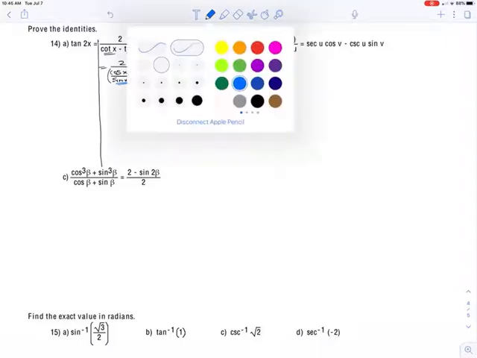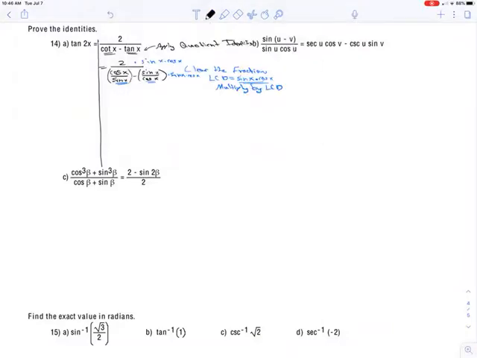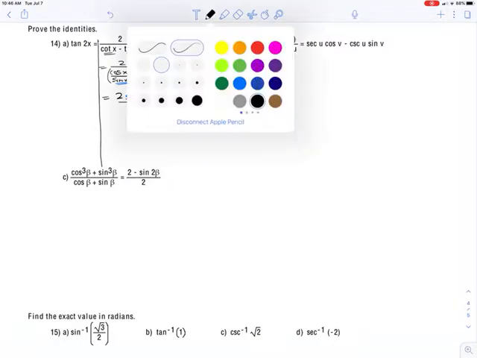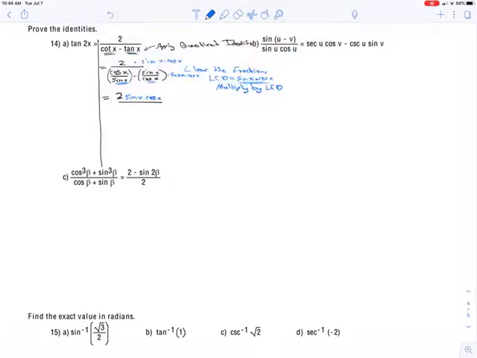So as we simplify that down, our numerator now reads 2 sine x cosine x, divided by, now in the denominator, let's go ahead and distribute. So we're going to multiply that through to both terms.